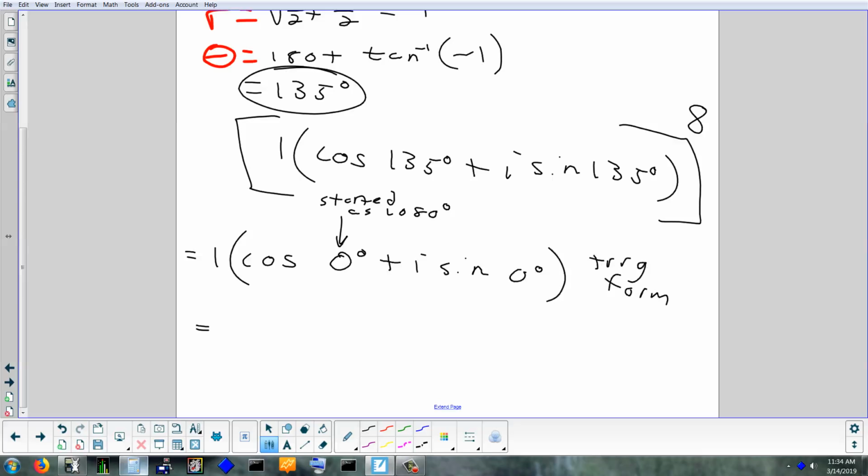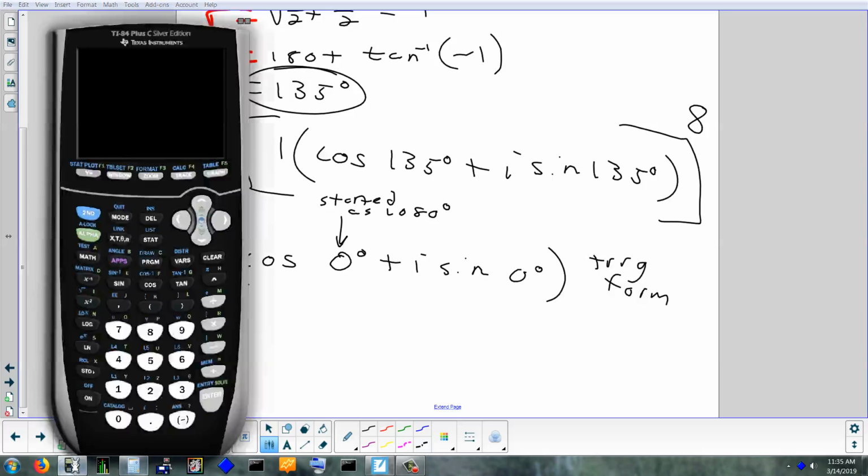Okay, let's do it in standard form, just in case they ask that on the test. To do it in standard form, what do I have to do? Distribute what in this case? The 1. 1 cosine 0.